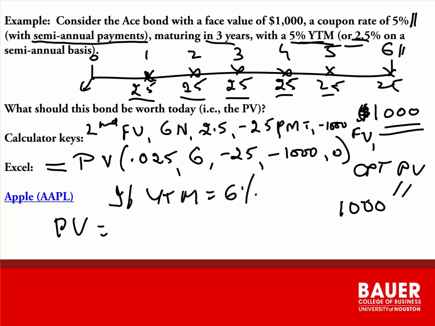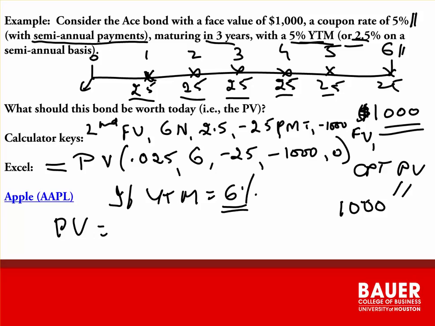So my 6 is my N, that does not change. The interest rate is now going to change, right? Because the yield to maturity is 6, your I/Y is going to be 3. The payments are the same, minus 25 is my payment. The future value is the same, minus 1,000.